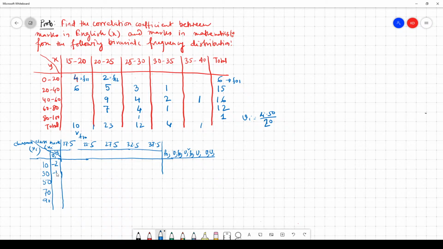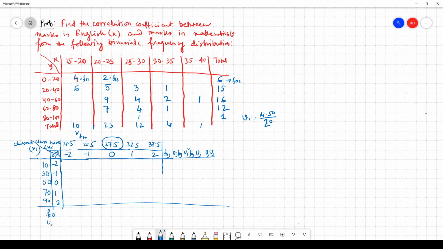Similarly, this is minus 1, 0, 1, 2. Similarly, you can compute this one, the mid value, and width is 5. So we get minus 2, minus 1, 0, 1, 2. So please do this portion yourself. Similarly, you can do this portion also.